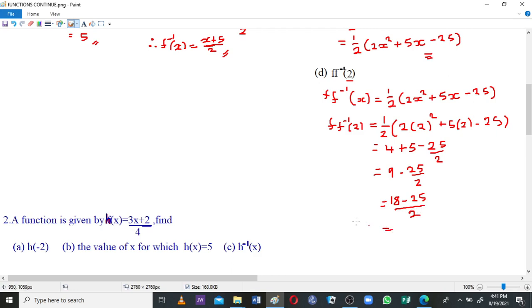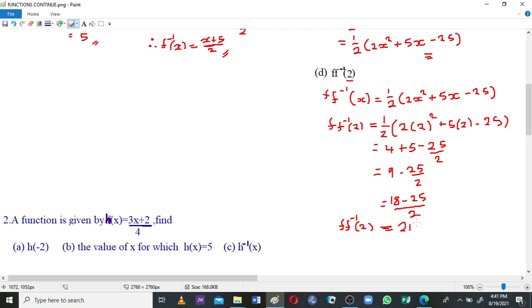And now if you do that, we can just say our f inverse of 2 there is equal to, so what are you getting there? You're going to get 21 as the whole number. That's 21.